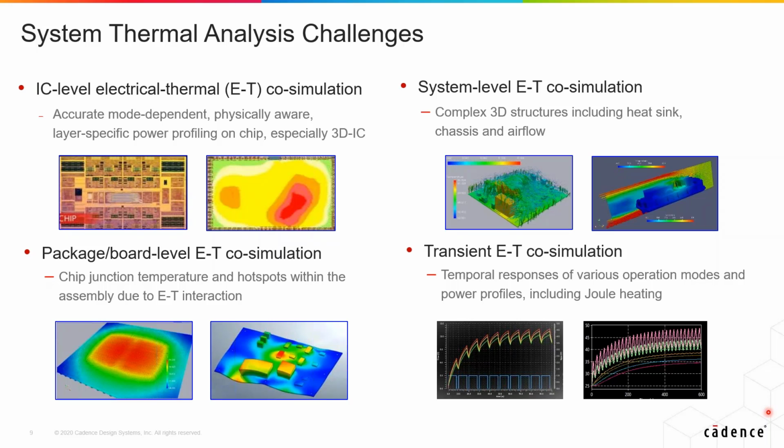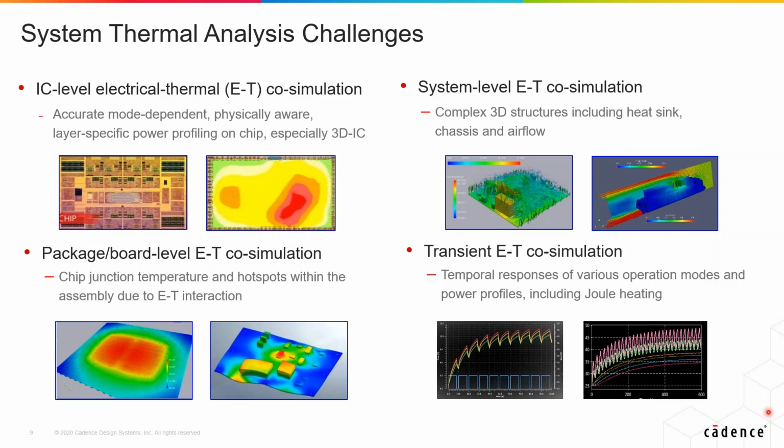At the IC level, electrical-thermal co-simulation has been recognized as very important, because inside the IC chip you can have multiple IP blocks generating different heat. From that granularity and small refinement, we need to figure out how the electrical performance interacts with the thermal performance.